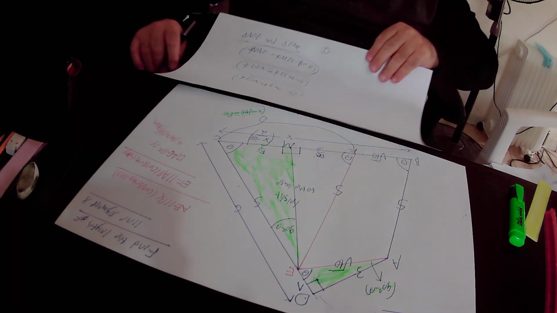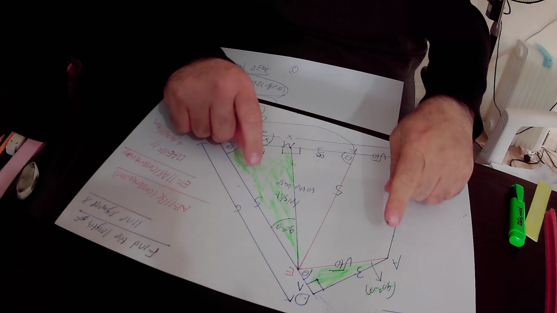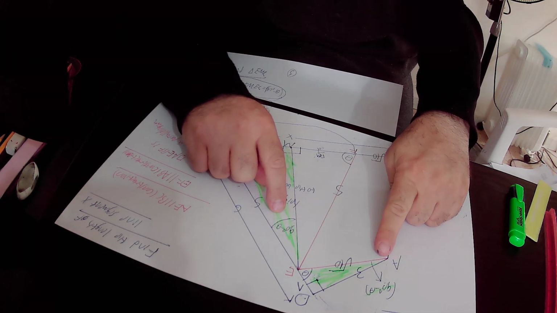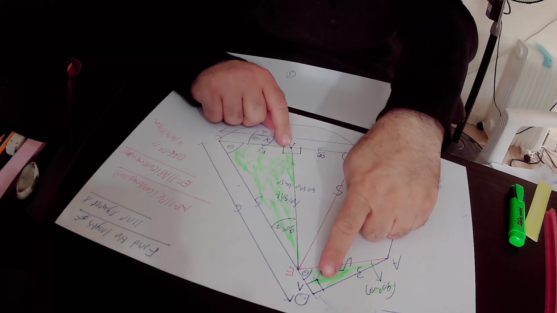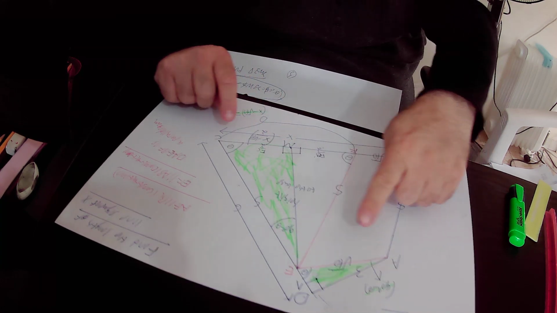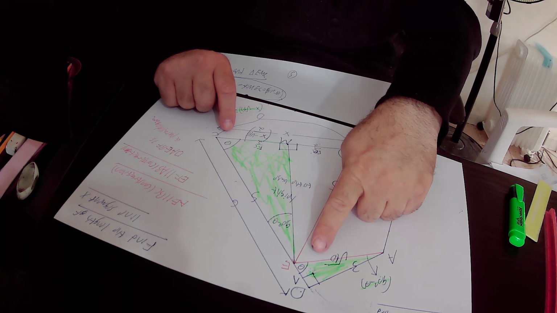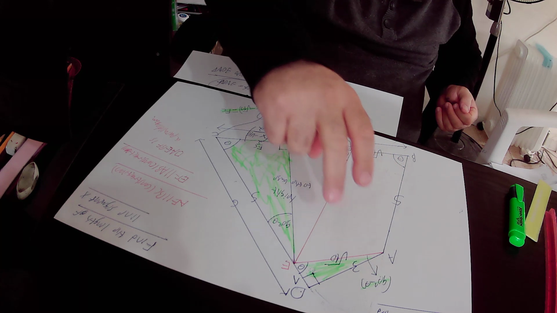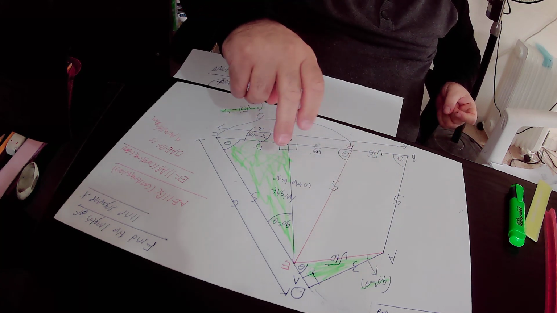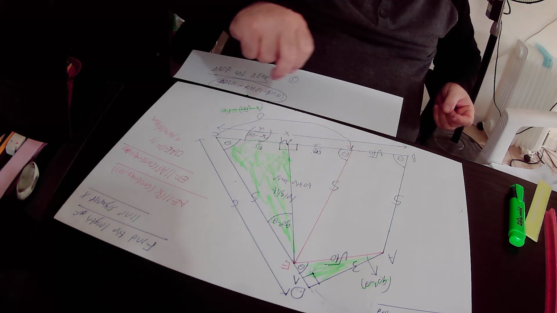So we proved that those two angles are both equal to 90 degrees minus theta, therefore they are equal to each other. Those two angles are both equal to 90 degrees, therefore they are equal to each other. And both those two angles are equal to theta, therefore they are equal to each other. So all the angles of triangle ADE are equal to all the angles of triangle EMC.